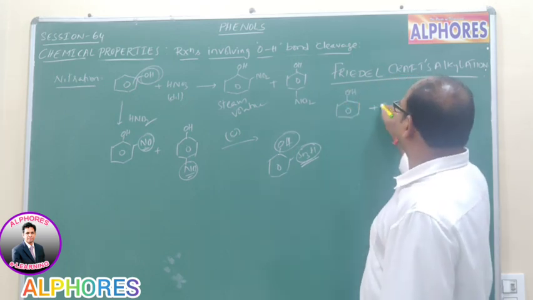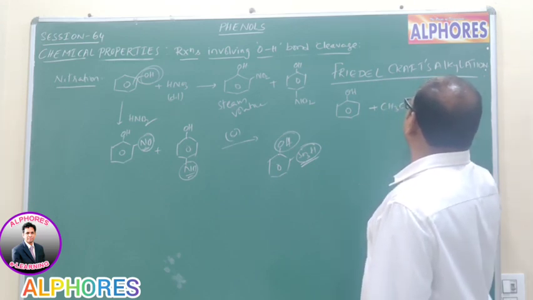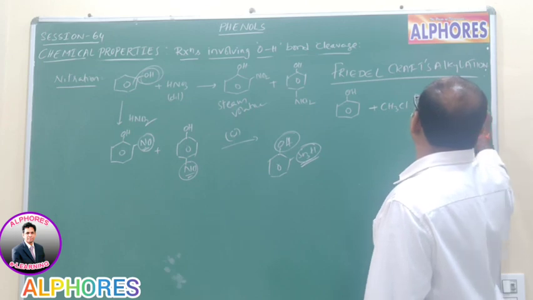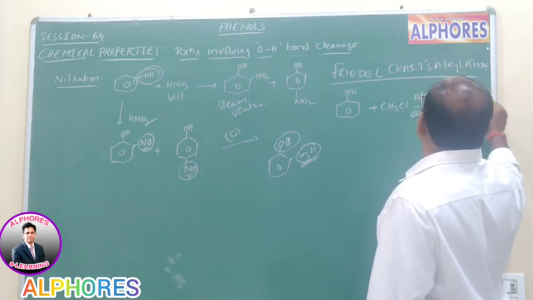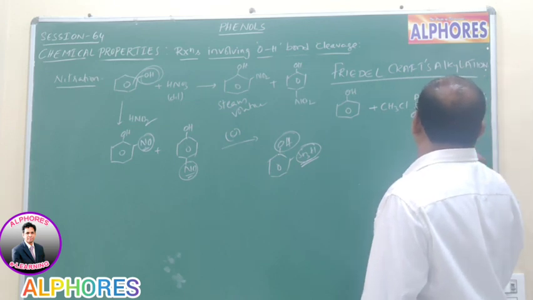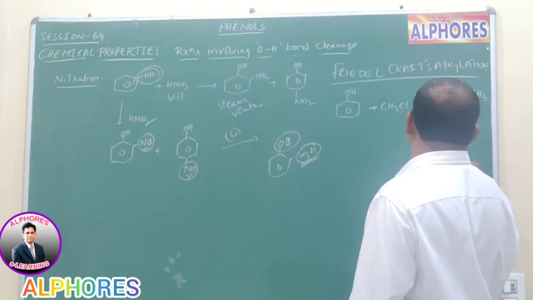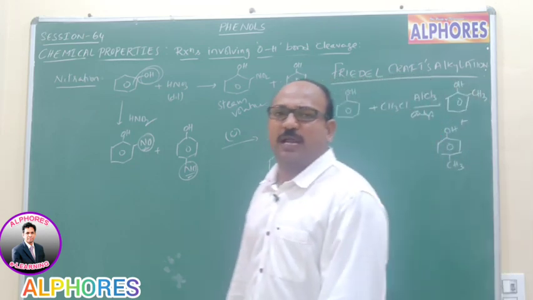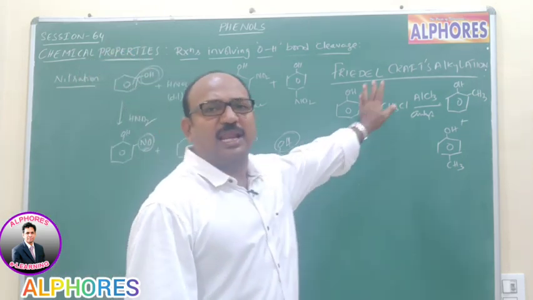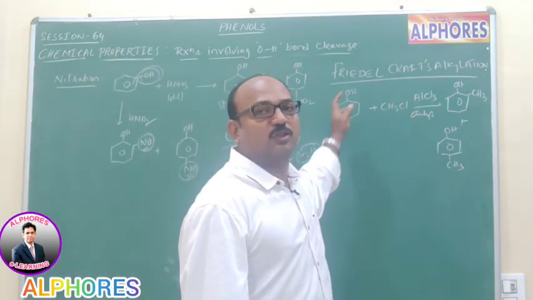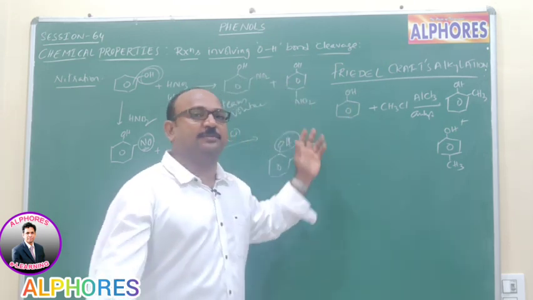This, upon reaction with CH3Cl or C2H5Cl in the presence of anhydrous AlCl3 catalyst, gives ortho-cresol and para-cresol. That means the CH3 group is substituted at the ortho and para positions. So whatever the alkyl group, it is attached at the ortho and para positions. This is what we call Friedel-Crafts alkylation.